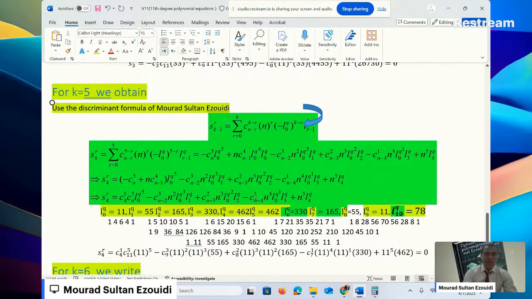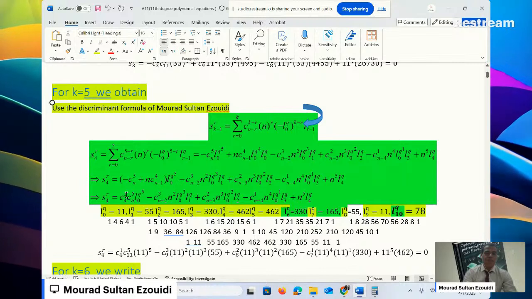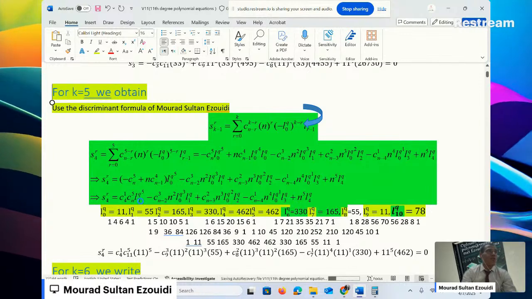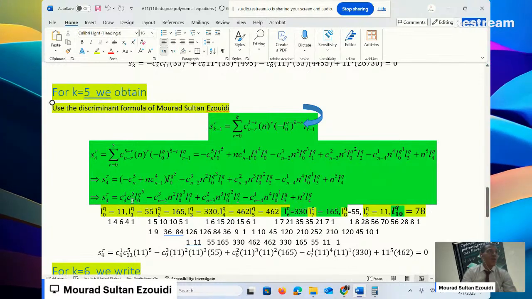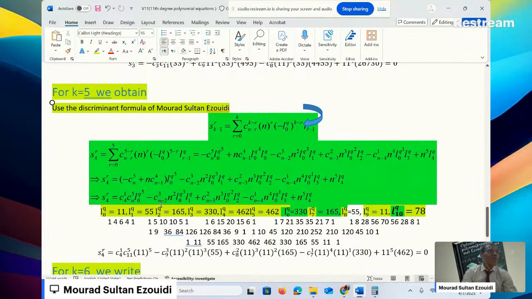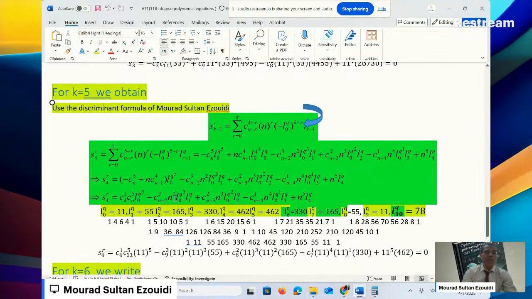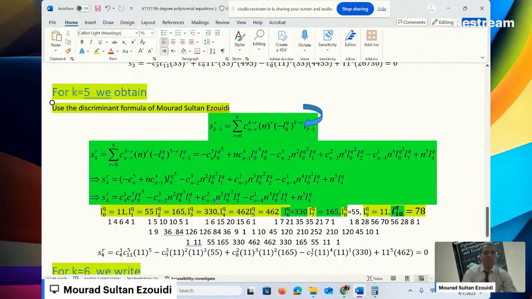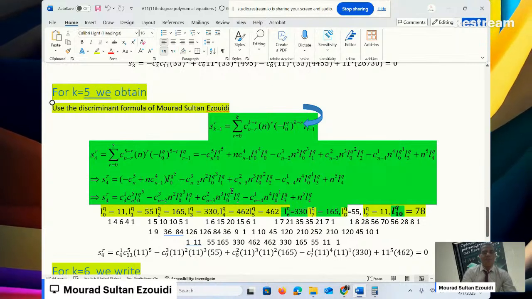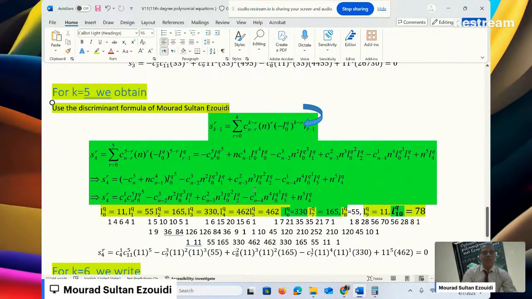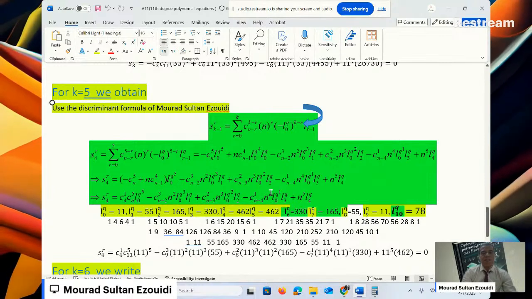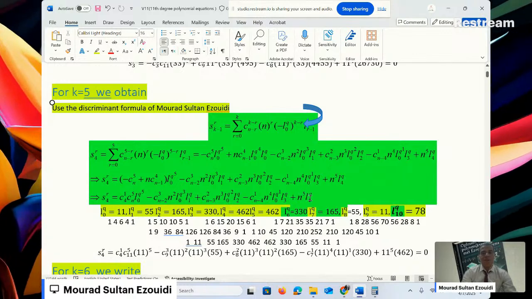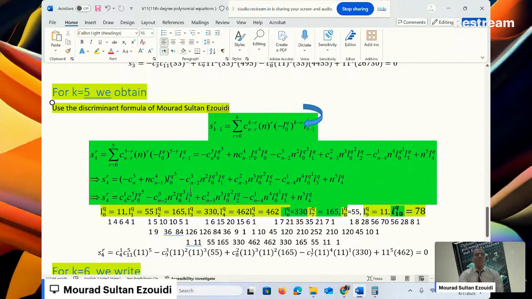Then you will obtain S4 equal combination 4 plus 1 times combination n plus 5 times S0 42 raised to the power 5, minus combination n minus 2 choose 3 times n squared times L0 42 cube times L1 42 plus combination n minus 2 choose 2 n cube times L0 42 squared times L2 42 minus combination n minus 4 choose 1 times n raised to the power 4 times L0 3 times L3 42 plus n raised to the power 5 times L4 42. This is the general combination.